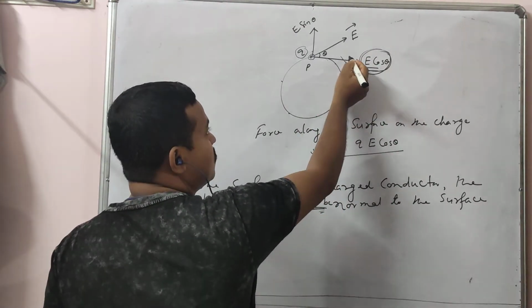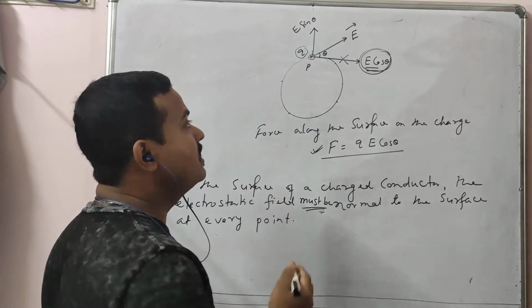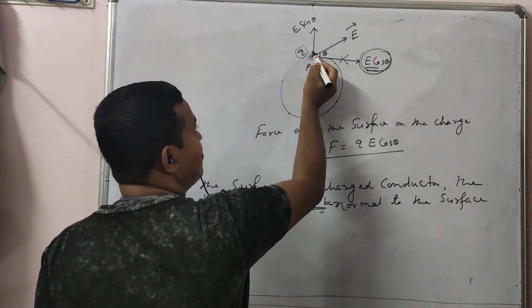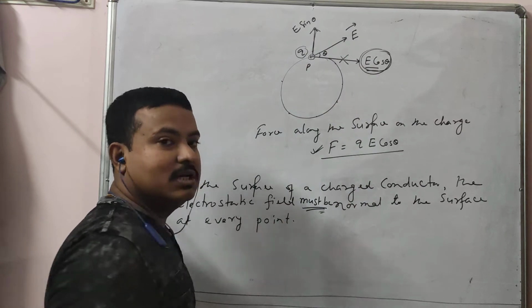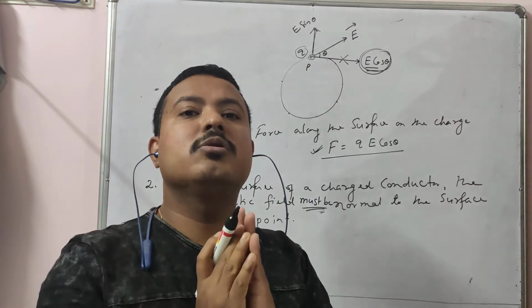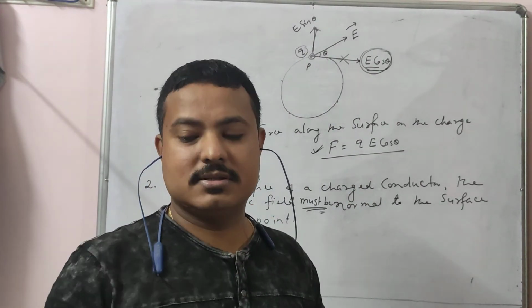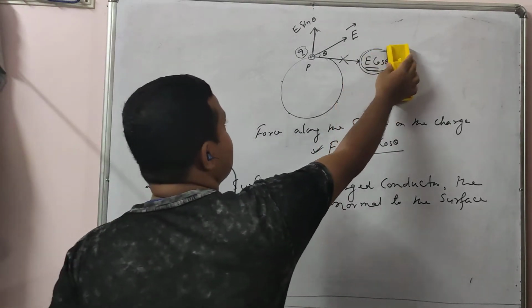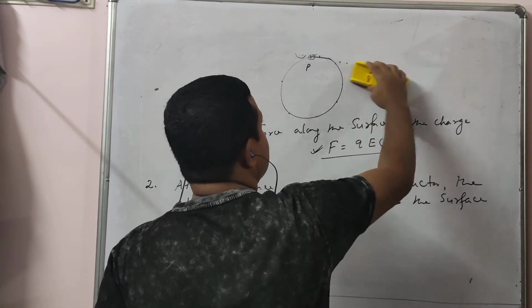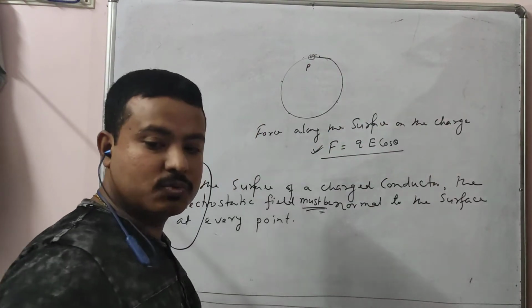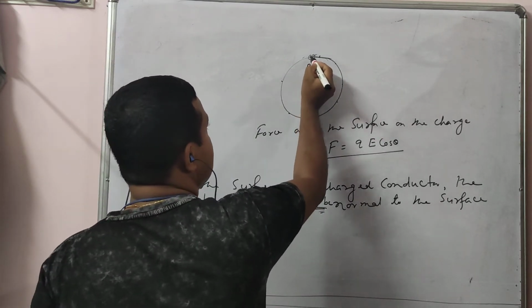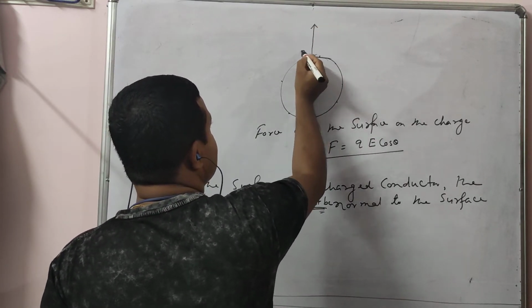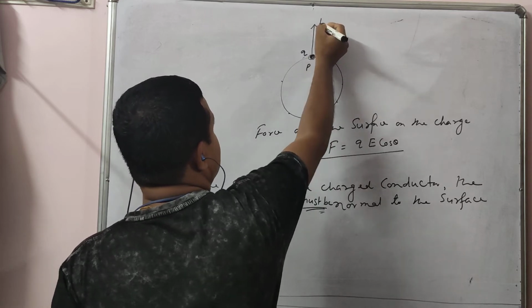If there is no electric field along the surface, that means the electric field must be normal, because if the electric field is normal, it will have no components along the surface. Normal means it is perpendicular. Suppose now only the electric field is here, normal.